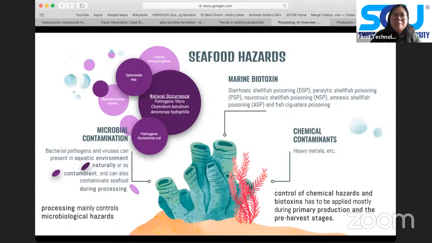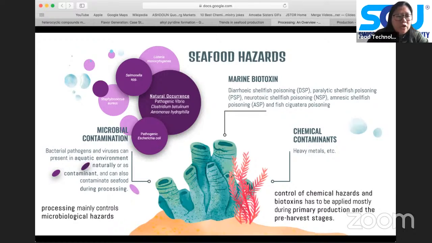Now, other than spoilage, we also want the seafood to be safe from various contamination. Just like spoilage, we have microbial and also chemical hazards.